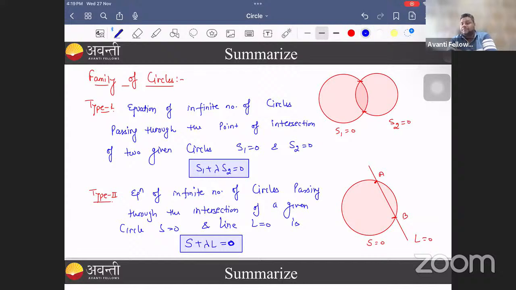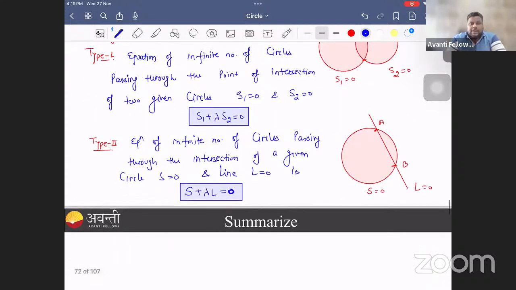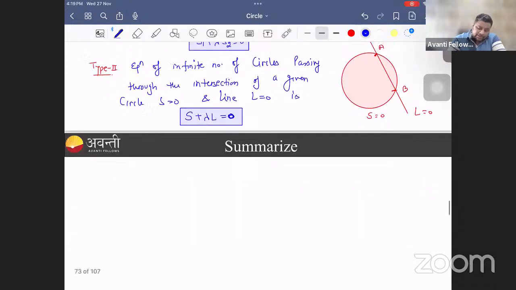Am I correct? Now again, to get this lambda, they will provide you some other third condition. Put that condition, get the value of lambda. Correct?